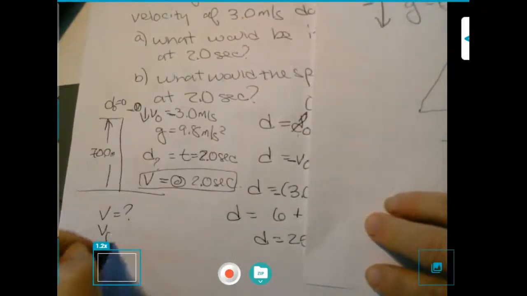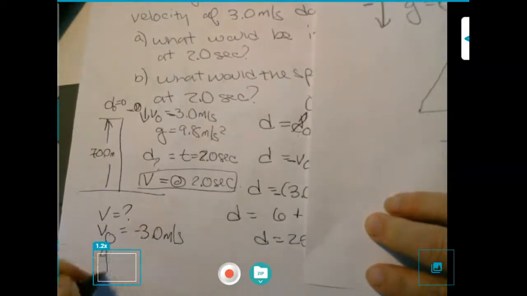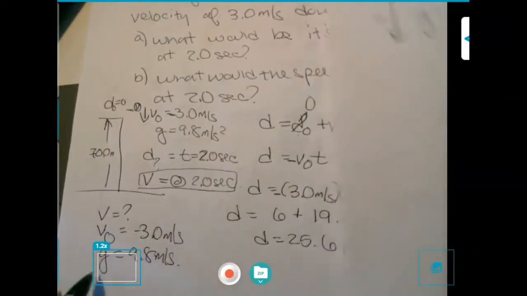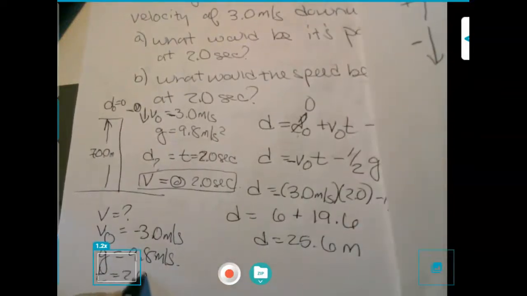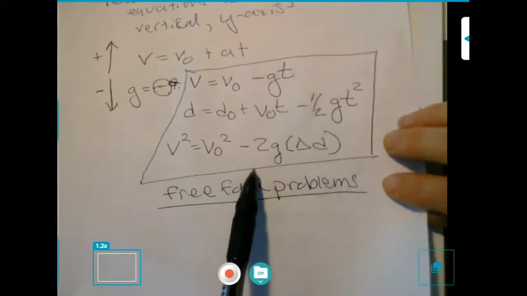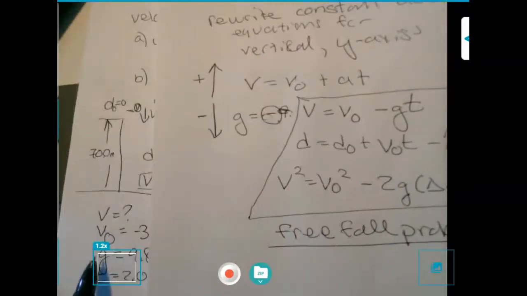We have v0 as minus 3 meters per second, and we have our g of 9.8, and the time is 2 seconds. So we have v, g, and t. If I look at my three equations here that I modified, it would definitely be this one, because we have v, g, and t.